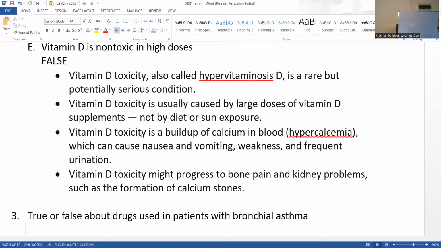Water-soluble vitamins like vitamin B12 or other B vitamins, B1, B3, B6, are easily eliminated from the body through the kidney because they are water soluble.